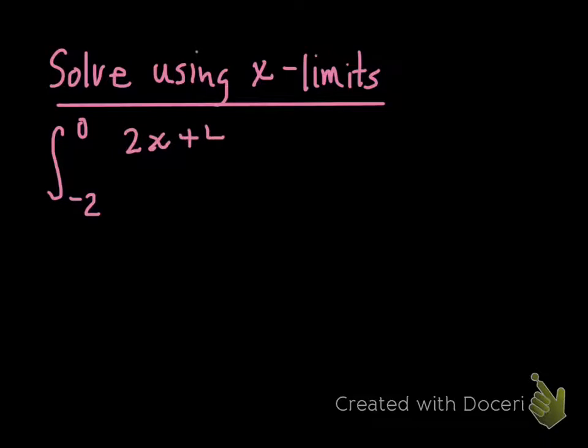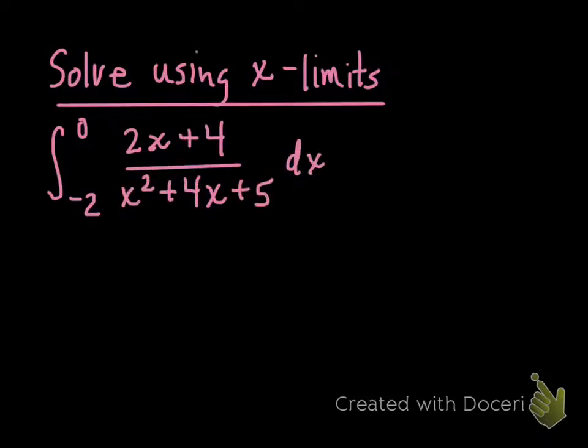Here is the problem. The integral from negative 2 to 0 of 2x plus 4 over x squared plus 4x plus 5 dx. Now I'm taking a look at that, and I want to know what I should set U equal to. I'm actually going to set U equal to the denominator here.